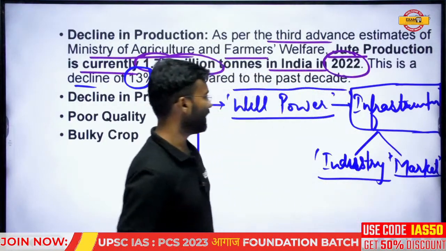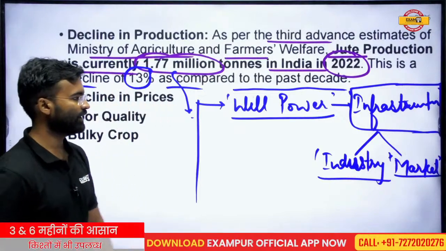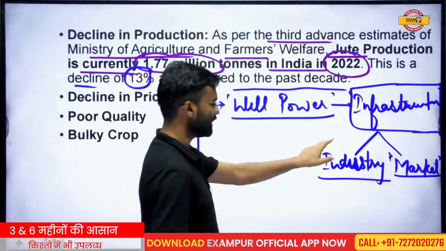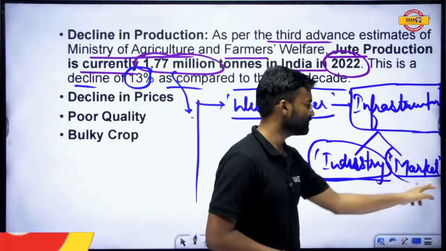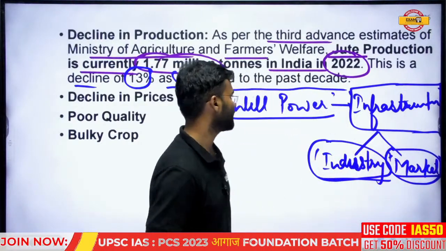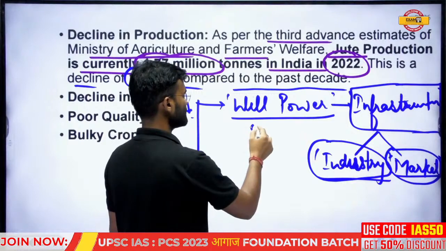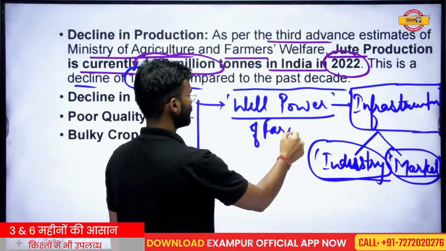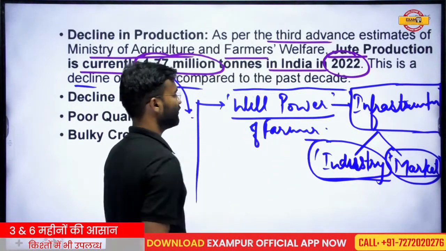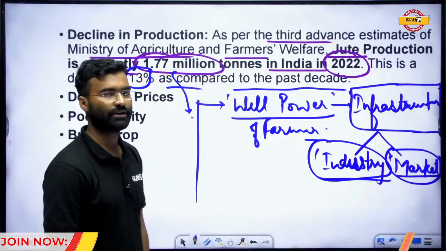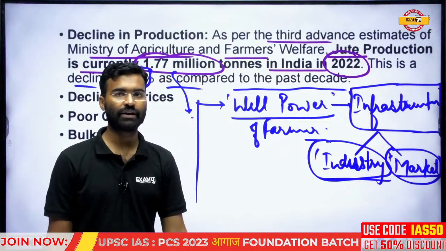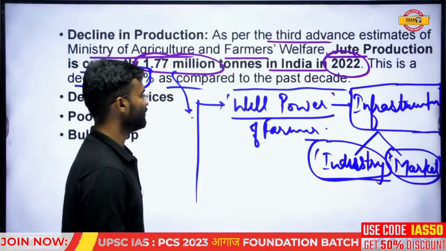So market and infrastructure are lacking, in which we should involve the industry and the market. Two things are required. Willpower of the farmers: farmers do not have a strong willpower for the production of jute in West Bengal, particularly in India. So that is the first thing.